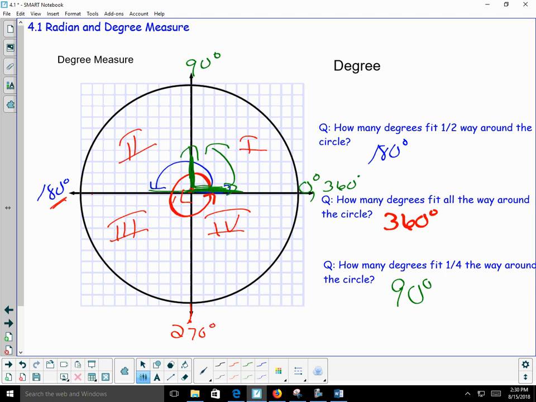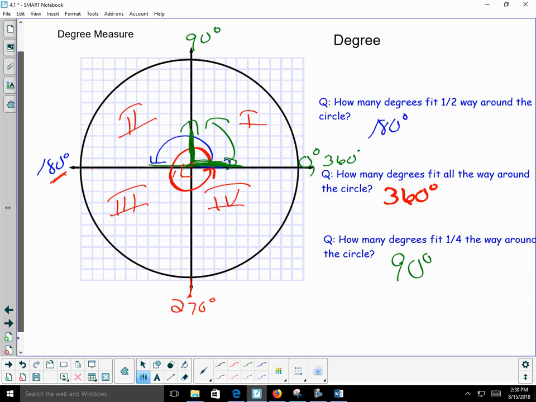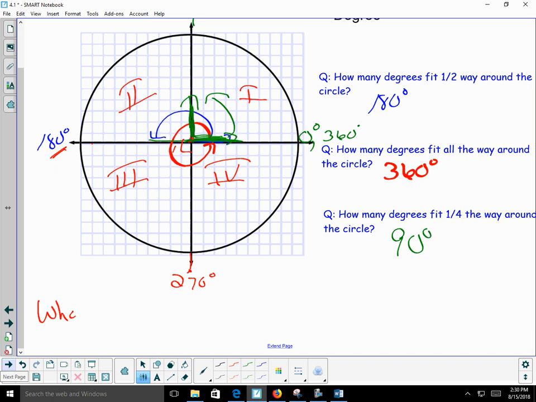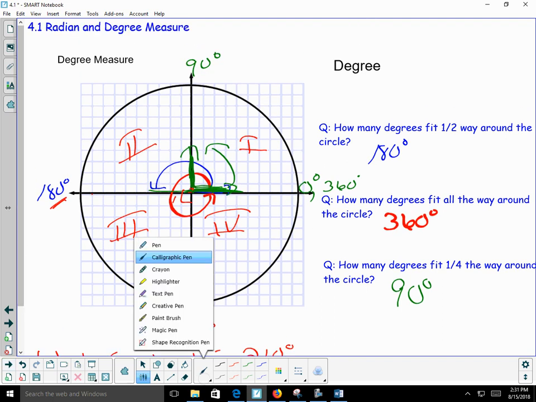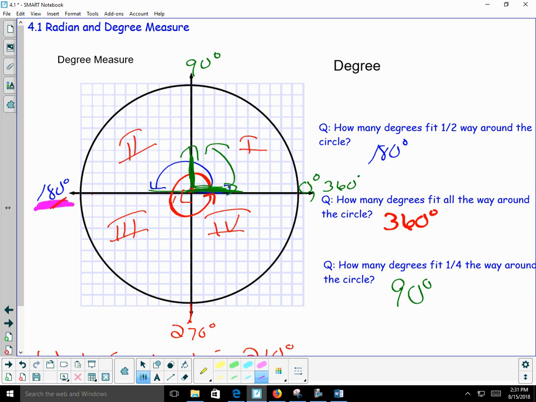So if I'm asking myself what quadrant is an angle with 210 degrees in, well, I know 210 is more than 180. I know that 210 is less than 270.